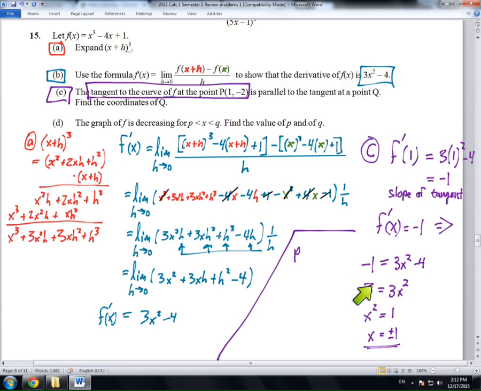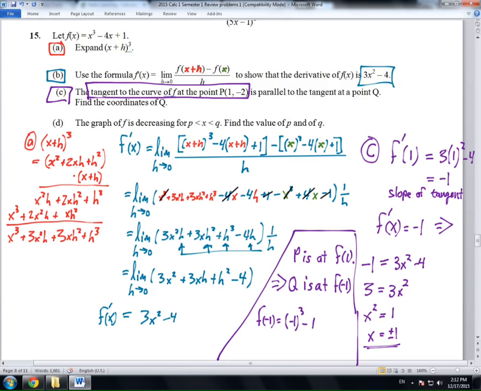When we solve, we divide both sides by 3, take the square root of both sides, and we get plus or minus 1. Now we've already established that when x equals 1, the slope is negative 1. Now we know that when x equals negative 1, the slope will also equal negative 1. So, P is at f of 1, therefore Q is at f of negative 1.